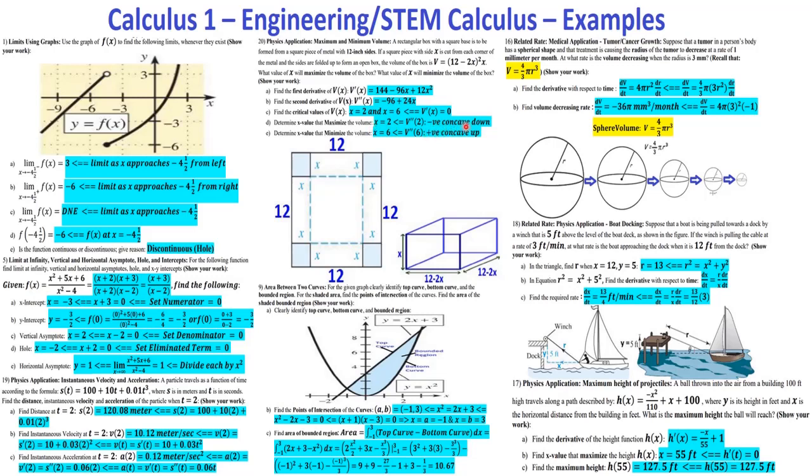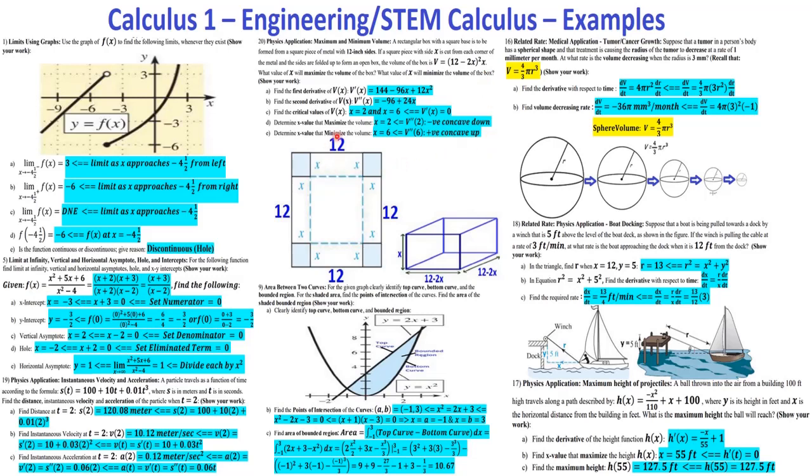That means it is concave down, and concave down means you have a maximum. So that 2 will maximize the volume. Then if you put 6 in the second derivative, you will end up with a positive value. Positive value means concave up, and concave up means you have a minimum.